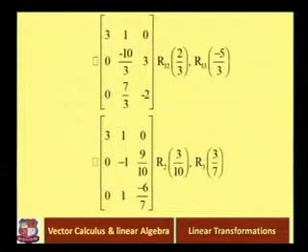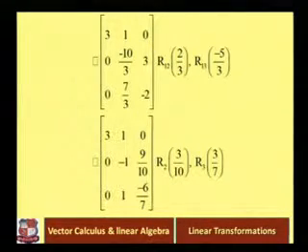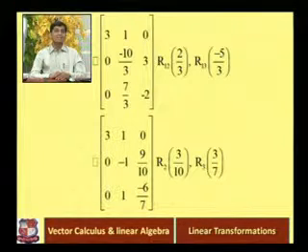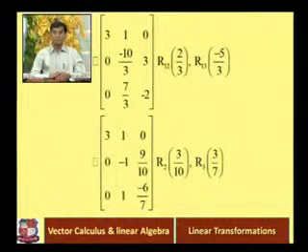You can see we will get this matrix: 3 1 0, 0 minus 10 by 3 3, and 0 7 by 3 minus 2. Now in the first row, what is our leading entry? 3. Below the leading entry we have already made 0. Now in the second row, what is our leading entry? Minus 10 by 3.